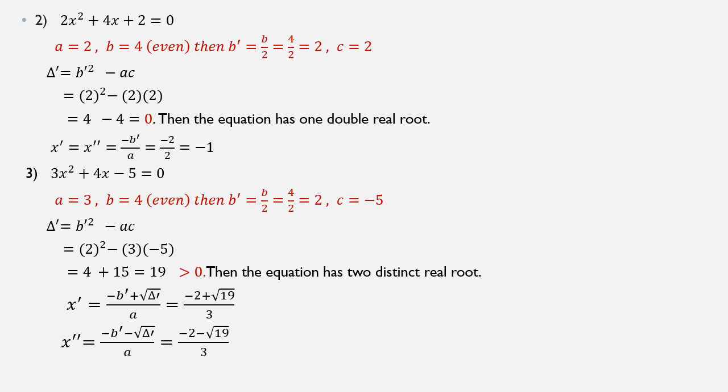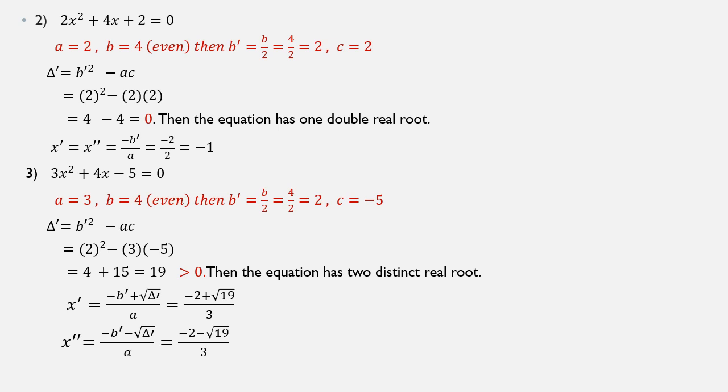So delta prime equal b prime square minus ac, so the answer will be 0. Then the equation has one double real root, which is x prime equal x double prime equal minus b prime over a. So it's equal to minus 2 over 2, so it's equal to minus 1.